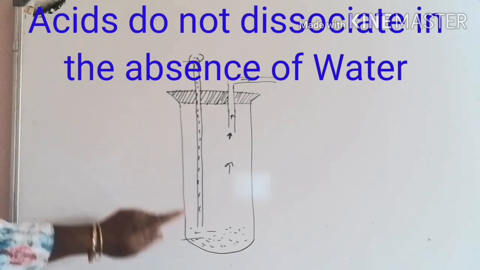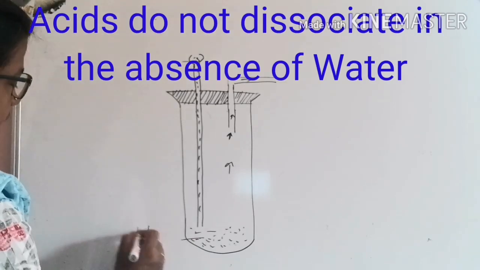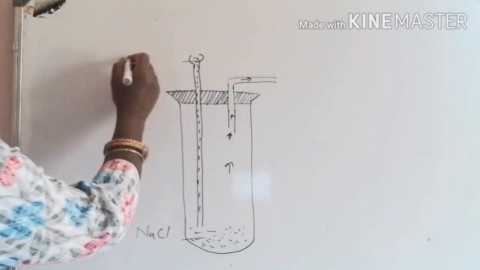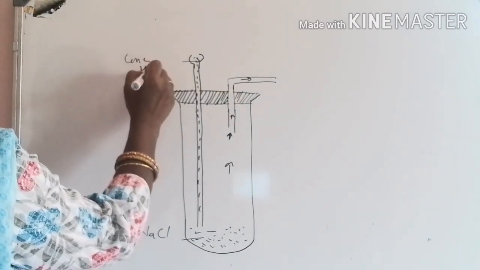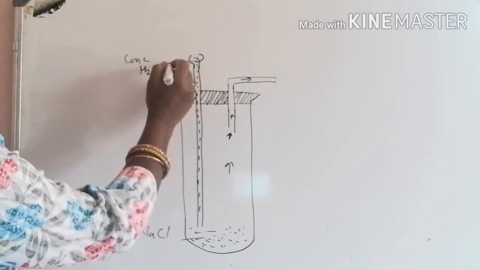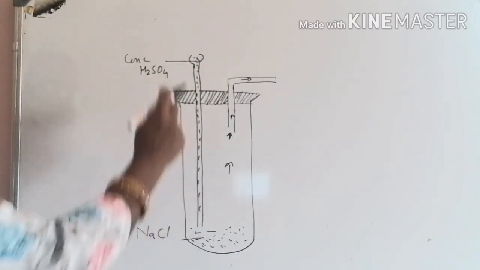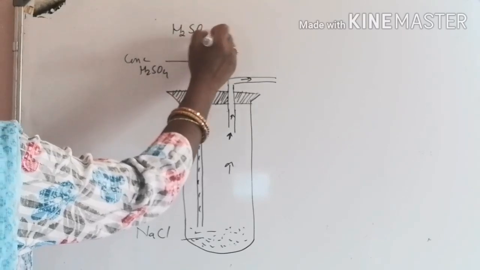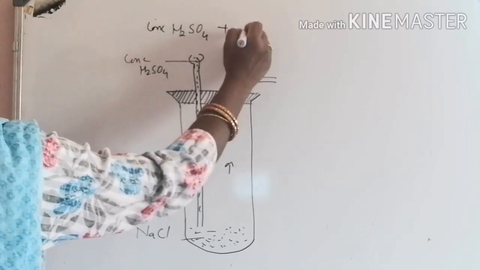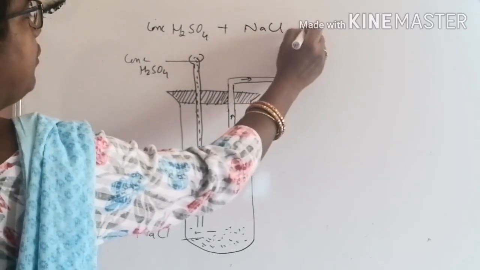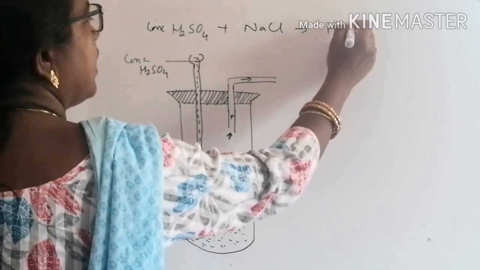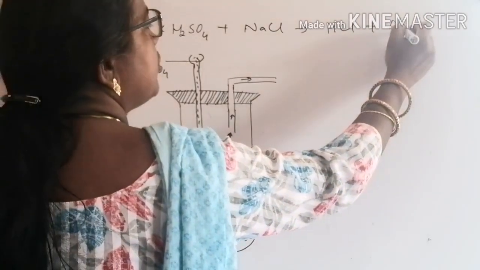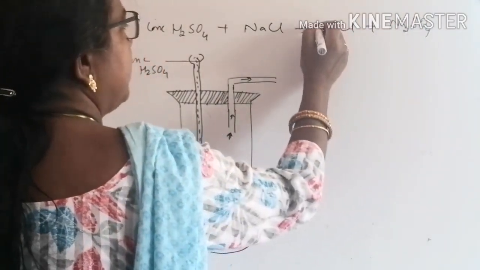To see that acids can show their acidic property only in the aqueous solution, let us perform one more activity. Take some sodium chloride in a hard glass test tube. Now add concentrated H2SO4 using a thistle funnel. As soon as sulfuric acid comes in contact with sodium chloride, it will liberate hydrogen chloride gas with the formation of sodium sulfate.